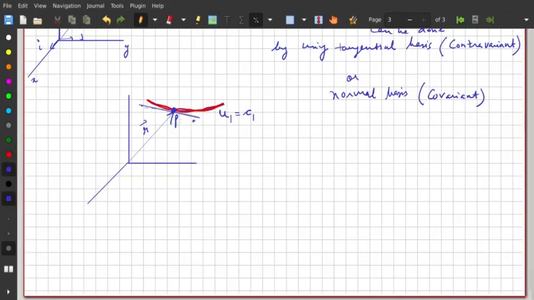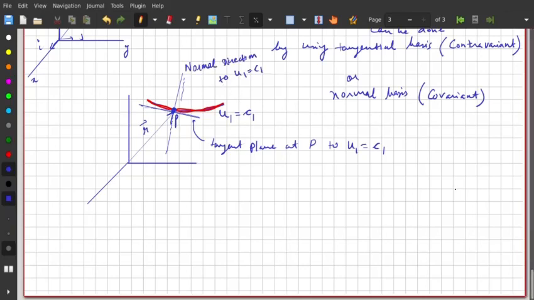This is the tangent plane at P to u1 equals c1. Similarly, we can define another direction, which is the normal direction to u1 equals c1.